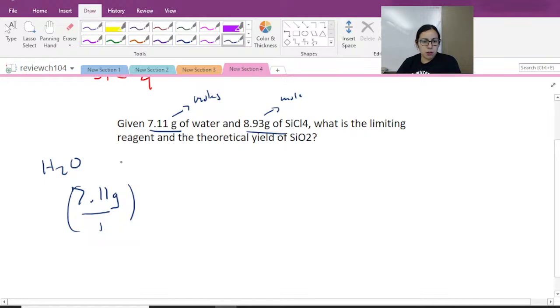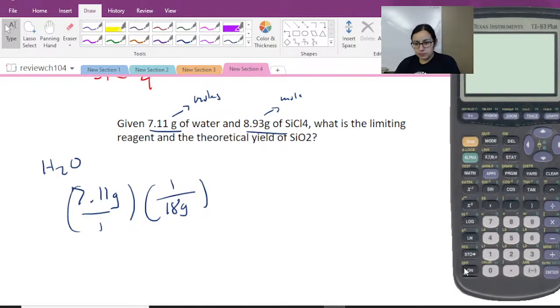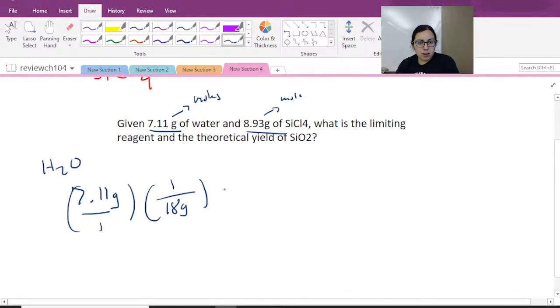And so if we want to go to moles, we need to divide by our molecular weight, so about 18 grams per mole. So then I get 0.395 moles of H2O.